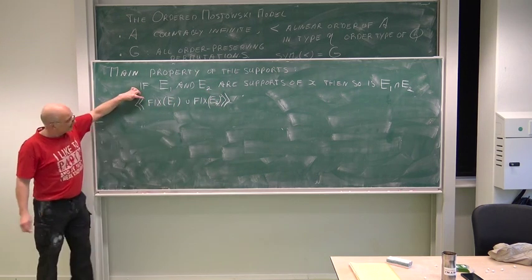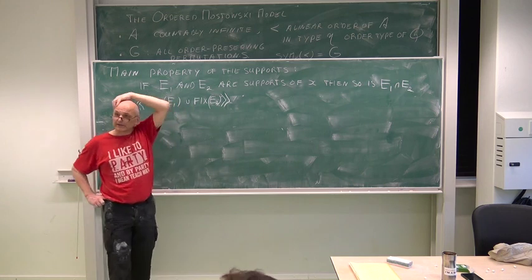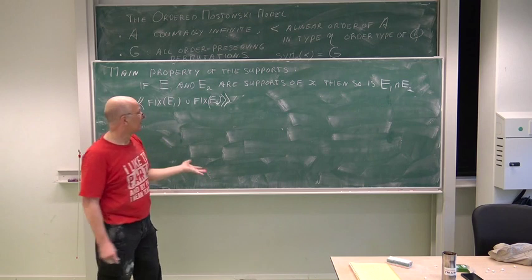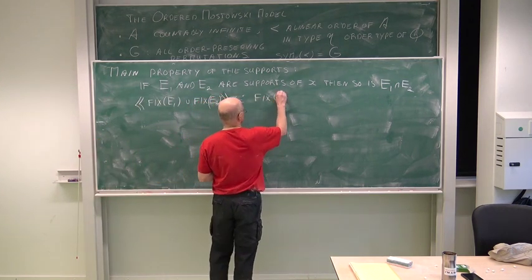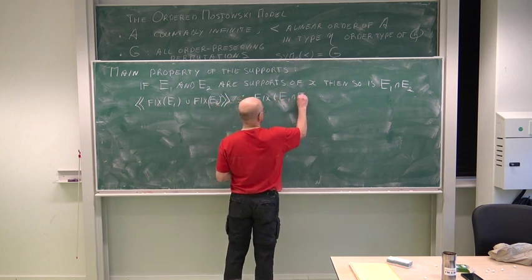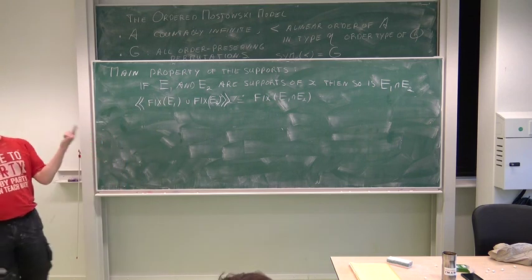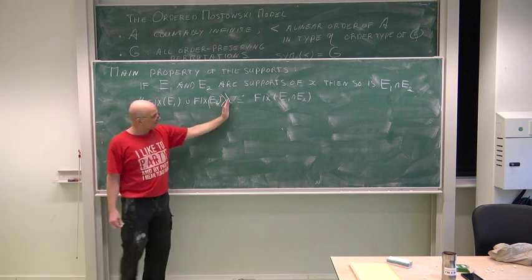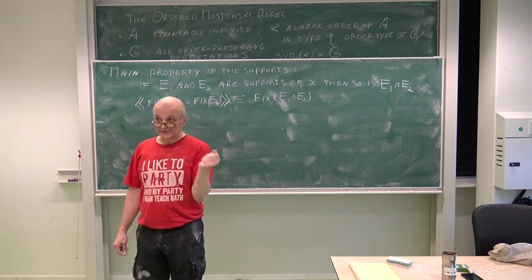If I take the fixed subgroup for E1, union the fixed subgroup for E2, and I let it generate a subgroup of G, guess what? That generated subgroup here is just the fixed subgroup for the intersection.